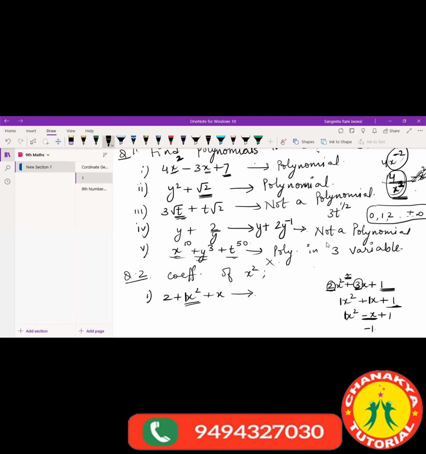See, a standard equation of a polynomial is like this: ax square plus bx plus c. So here a is the coefficient, b is the coefficient, c is the constant term. Are you getting me?